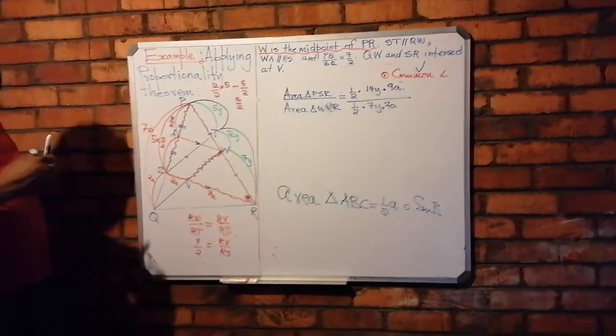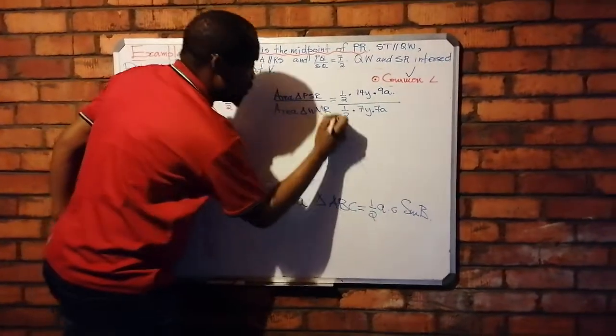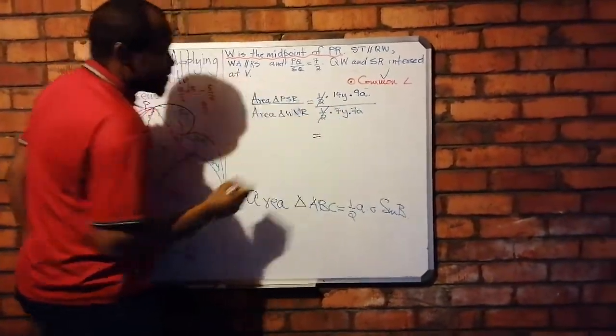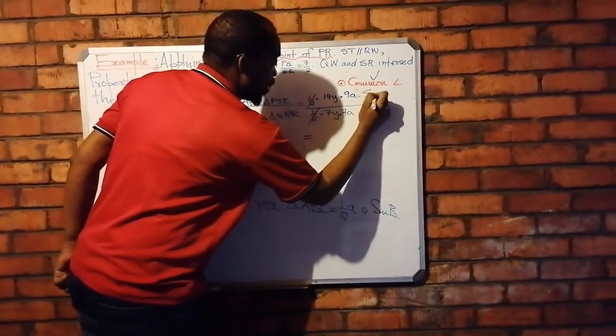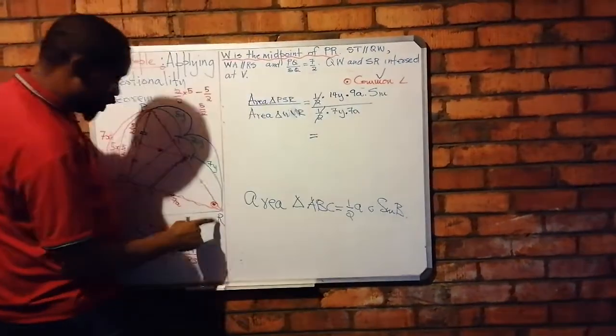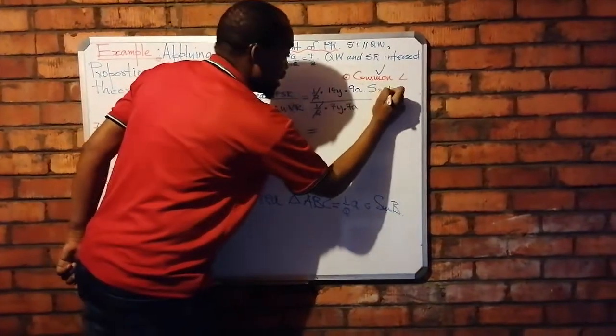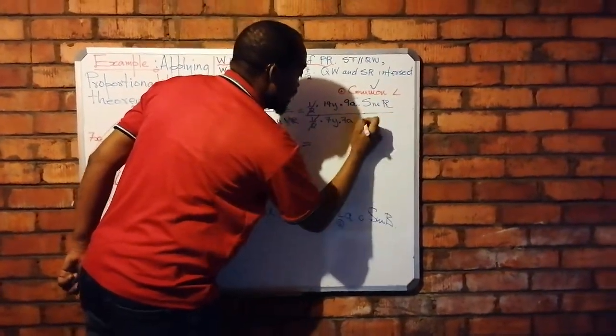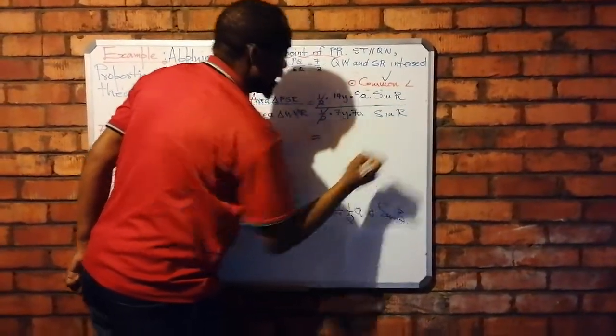Beautiful. That would be half and half cancels. Don't forget that there we used the area rule. It would be sine R and sine R.